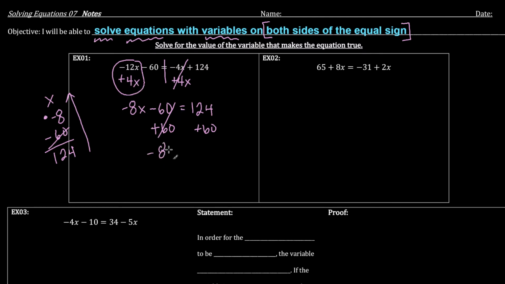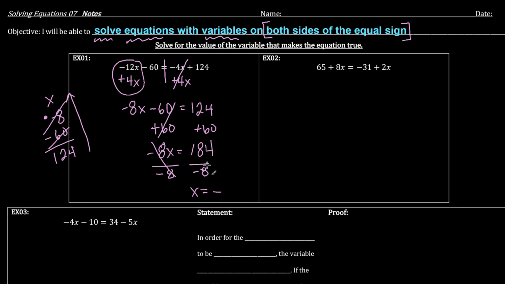So negative 8x equals 184, because 124 plus 60. Now, in order to get rid of this times negative 8, I need to do the inverse, which is divide it by negative 8. So x equals positive divided by negative is a negative 184 divided by 8.